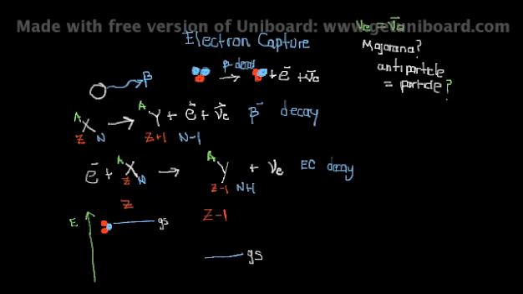We have a nucleus which has, for example, 2 protons and 1 neutron, and this nucleus will have only one proton, but now 2 neutrons.